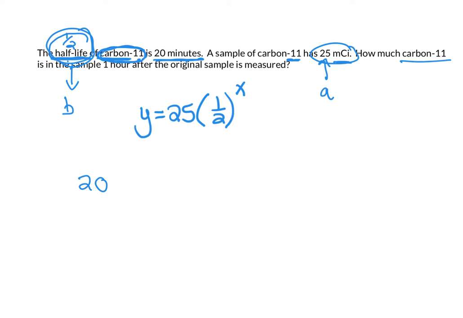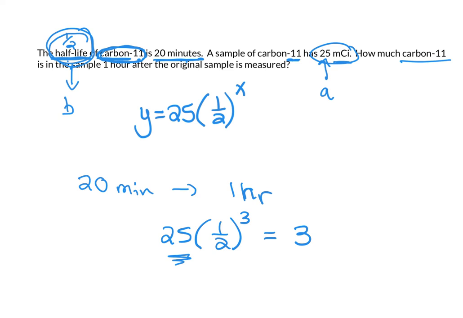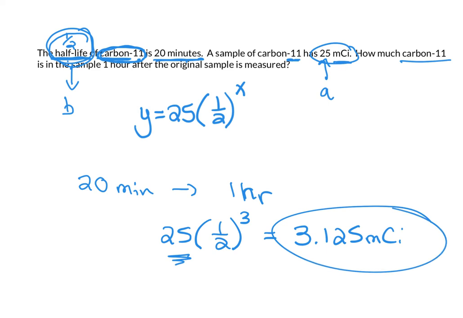So how many 20 minutes exist in 1 hour? 20, 40, 60, 3. So it will get cut in half 3 times. So 25 times 1/2 to the power of 3, or you can just cut 25 in half 3 times. It equals, in an hour, there will only be 3.125 MCI left of carbon-11.